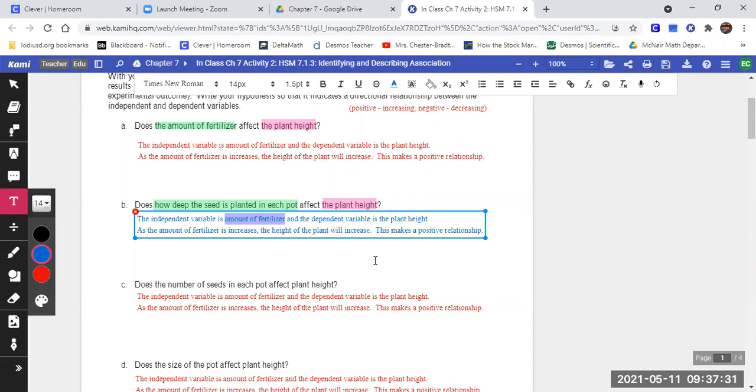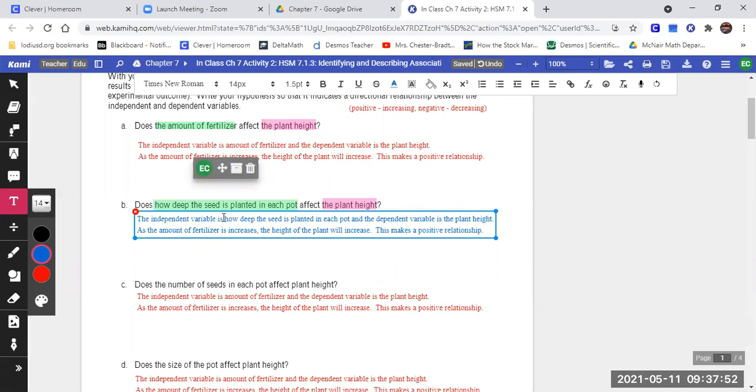How deep the seed is planted. Thank you. How deep the seed is planted in each pot is the independent variable. The dependent variable is still the plant height, the thing we can't control.